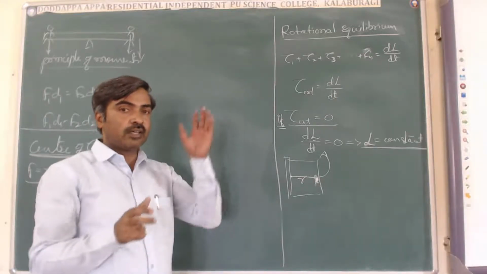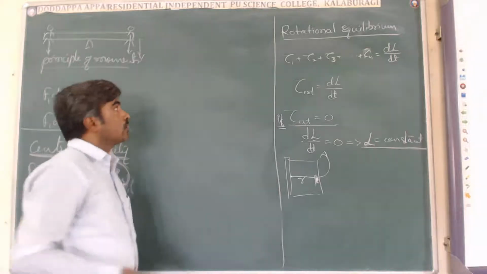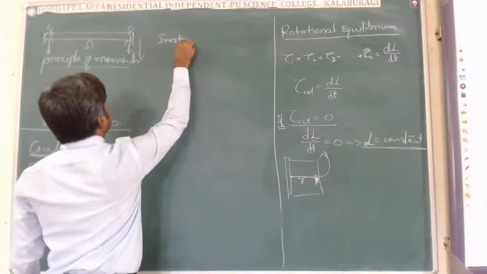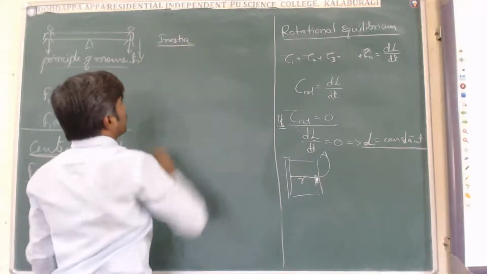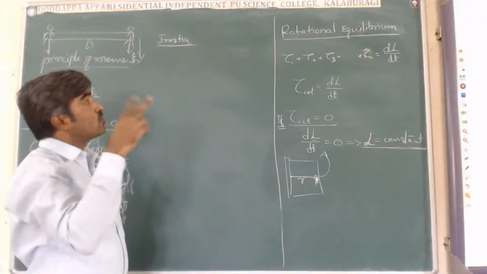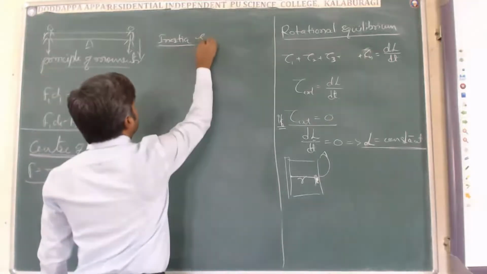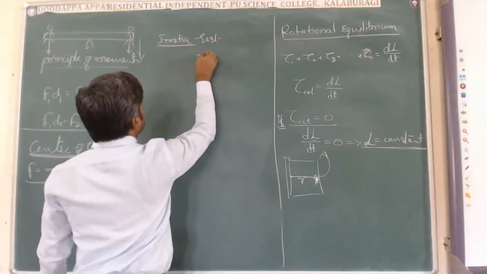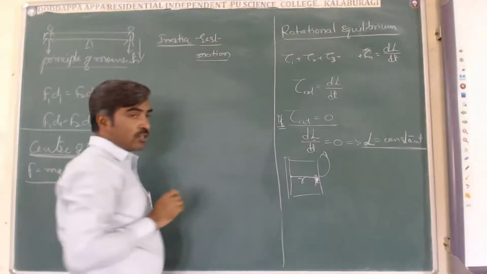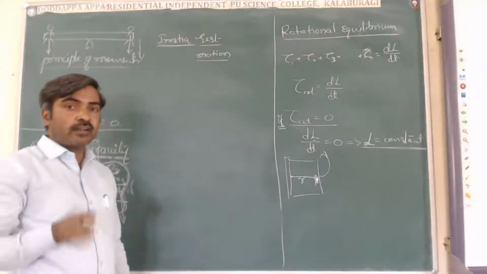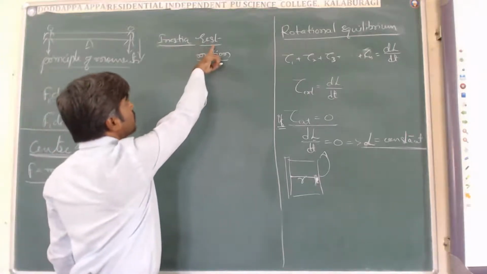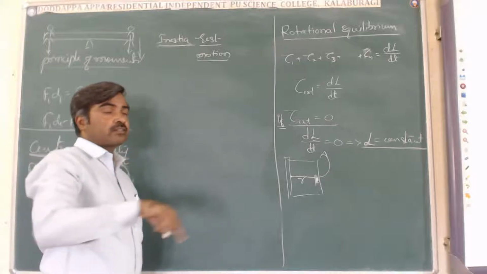We have studied in Newton's first law the concept of inertia. The body has two types of inertia especially: inertia of rest and inertia of motion. The meaning of inertia of rest is that unless and until an external force is applied, the body will continue to be in its state of rest.